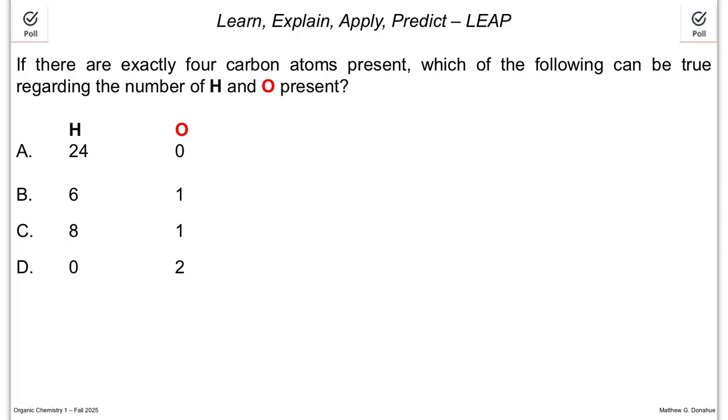I think we can eliminate A, because the maximum number of hydrogens for 4 carbons would be 10. We can eliminate D. And then B and C both have 1 oxygen. So really what you're figuring out now is the H count. So which one of those H counts is going to get us to that mass of 72? So C will be the right answer.